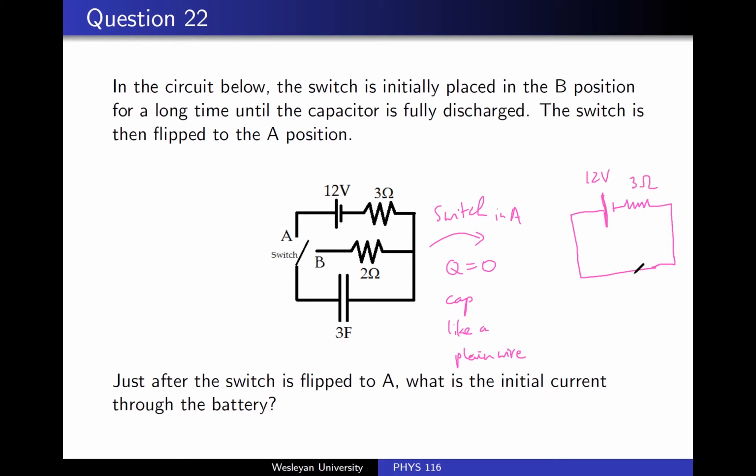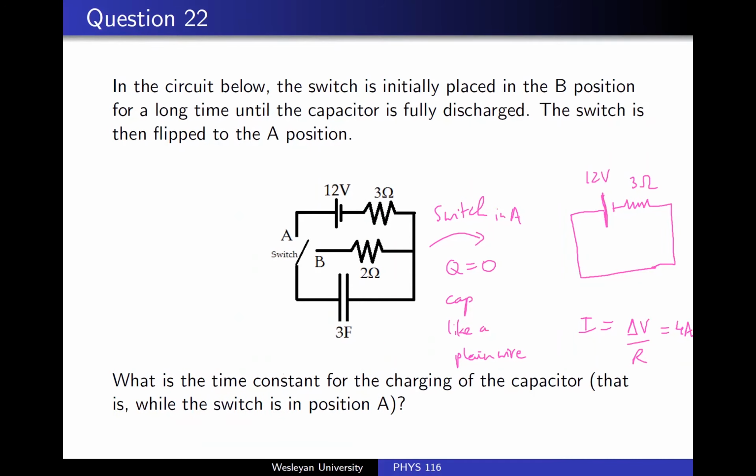We would normally have the capacitor over here in the bottom part of the circuit, but in the limit where the charge is zero, where we've just flipped the switch, so charge hasn't had any time to build up, we can treat the capacitor like a plain wire. So this is what the circuit would look like to the battery. And so then we can say that current is delta V over R, and so this would be 4 amps.